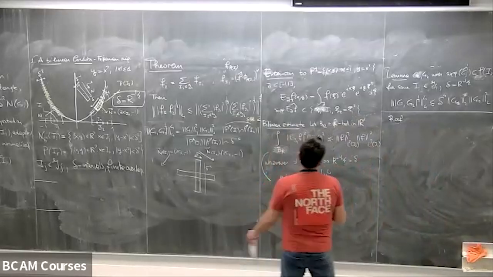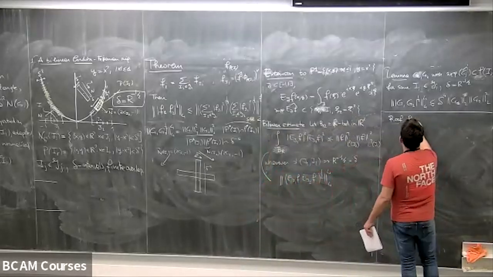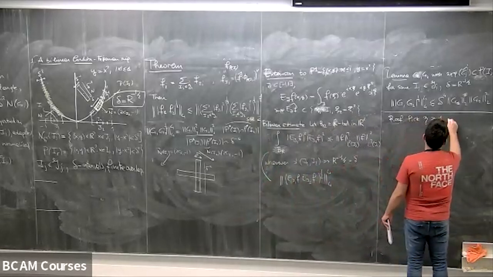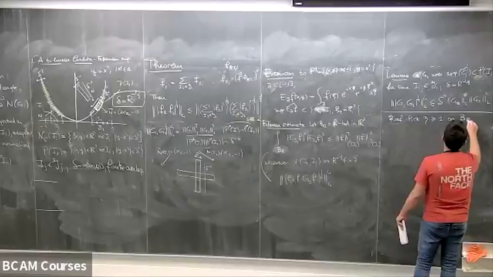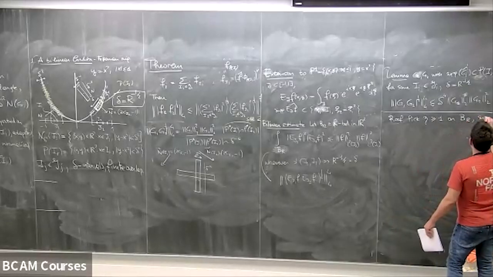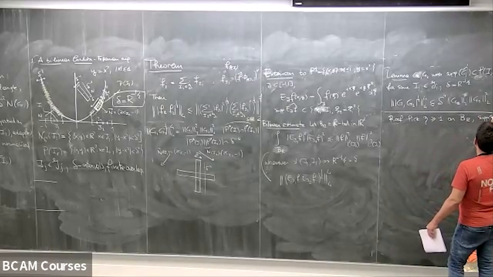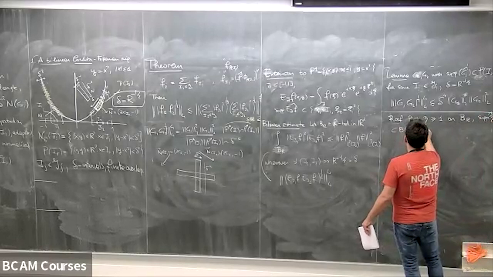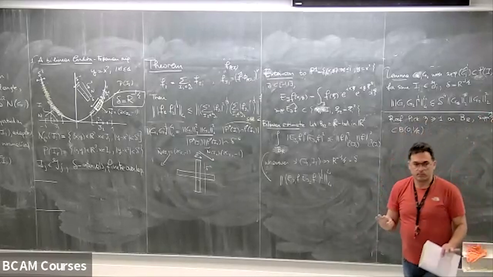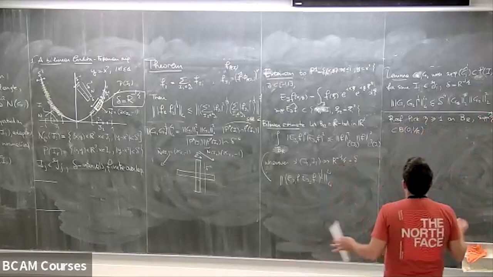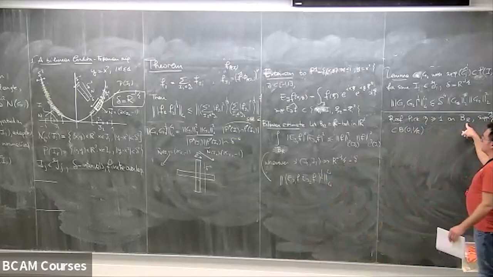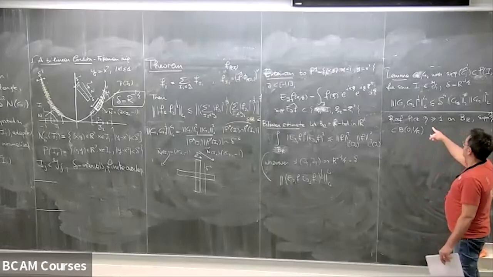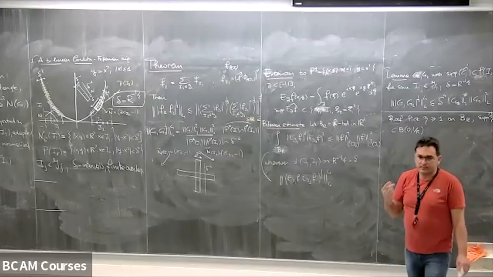So the right thing to do is to pick a function eta, which is greater than 1 on the ball B_R, and whose Fourier transform has support contained in a ball of radius 1 over R. You can do that, because you can do this for R equals 1, and then you dilate it.